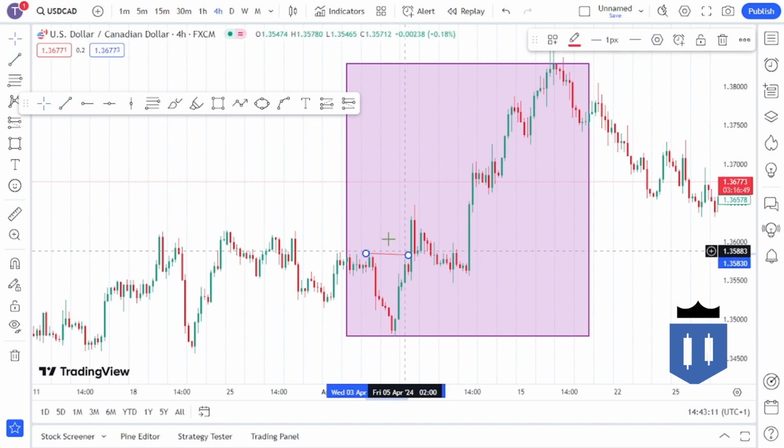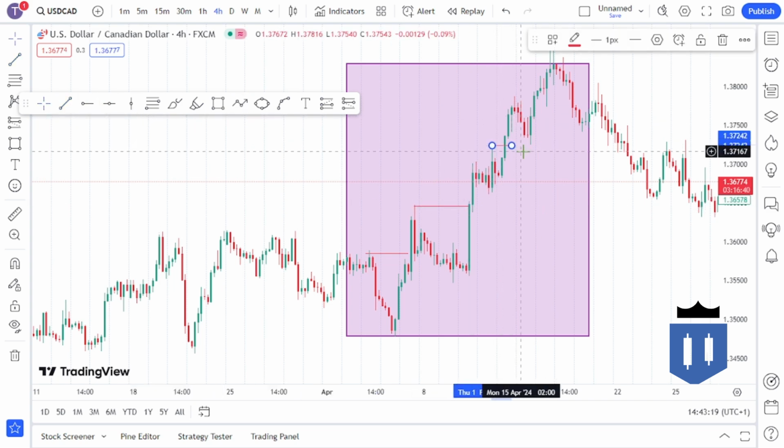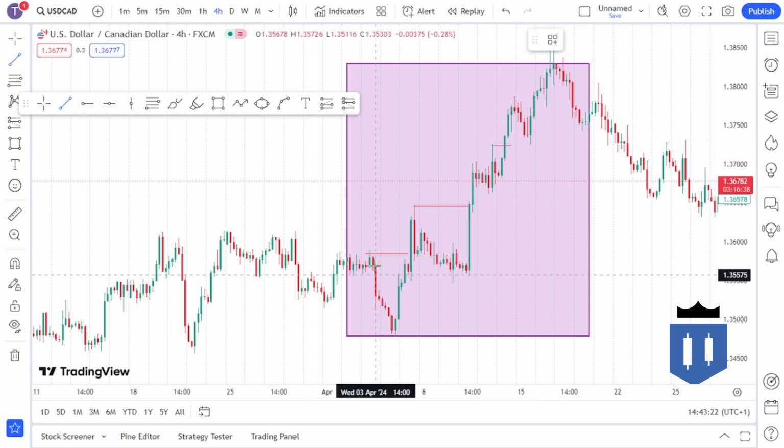We have this high marked, this high marked, this high marked, and if we mark this high, where is the low that caused it? This low.